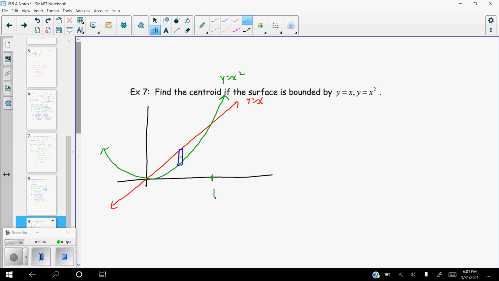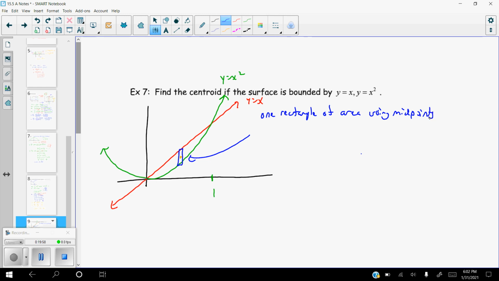All right, so best way to kind of describe this. One rectangle of area using the midpoints.